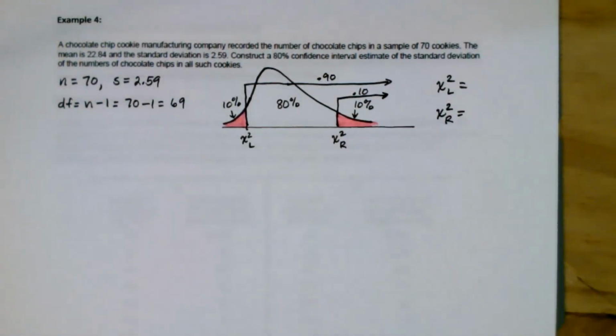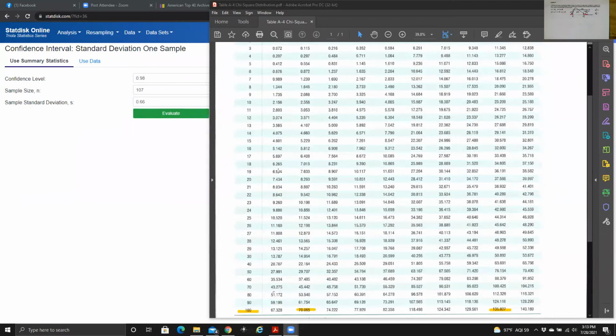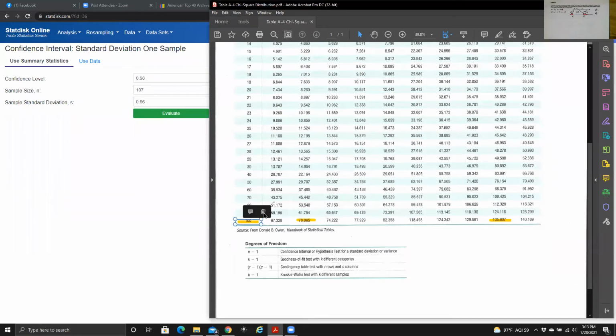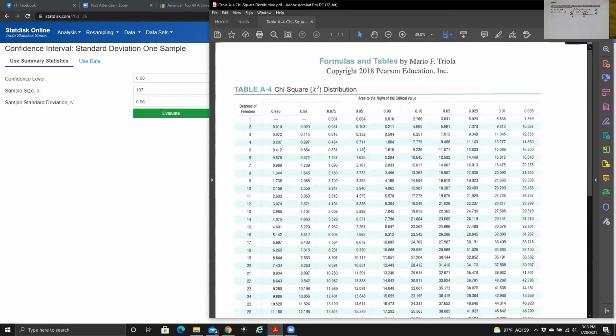All right. So here, this is where we're going to need to use table A-4 to get our chi-square values. Okay. Clearing all this stuff out. All right, so we have 0.90, which is right here, and 0.10, which is right here.